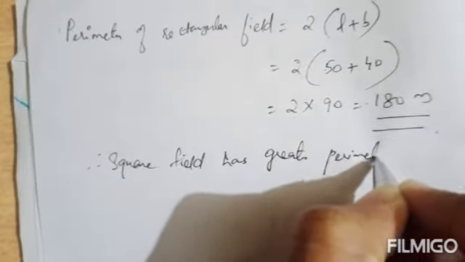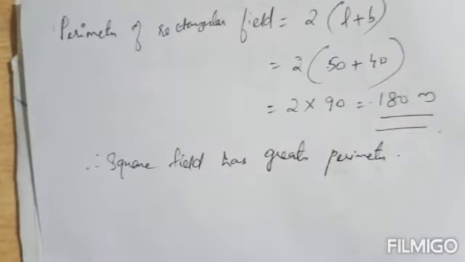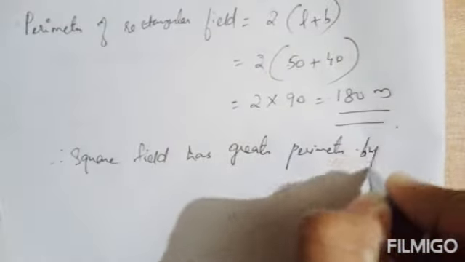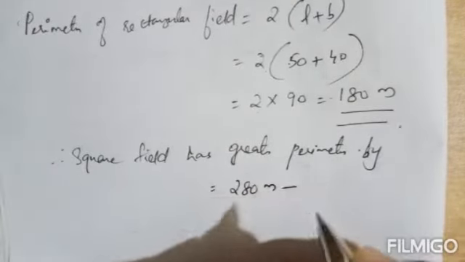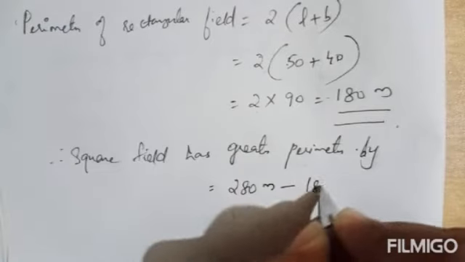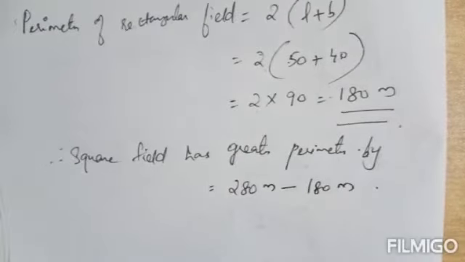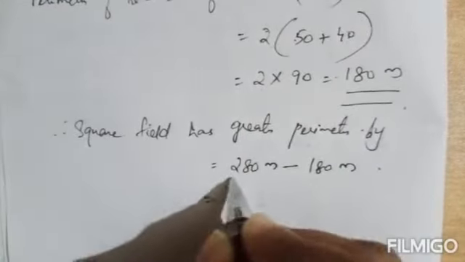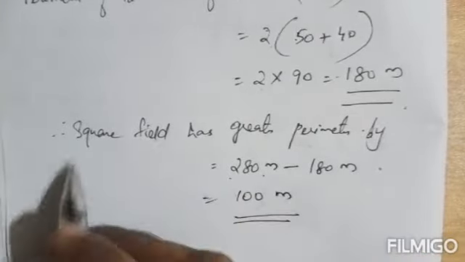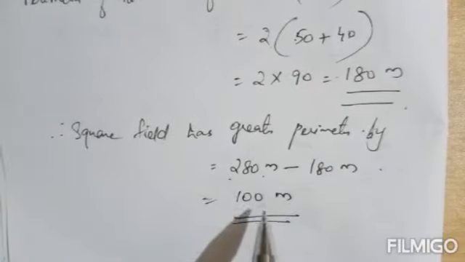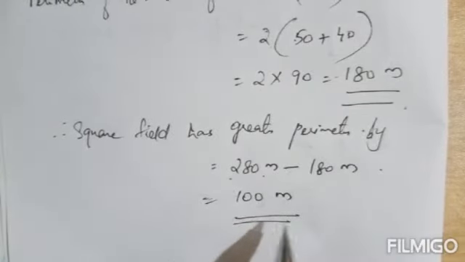From the perimeter of the square field you can subtract the perimeter of the rectangular field. 280 meter minus 180 meter is 100 meter. So the square field has greater perimeter by 100 meter.